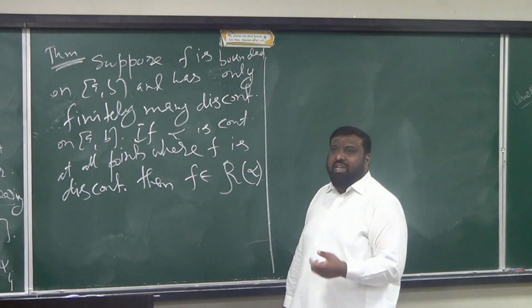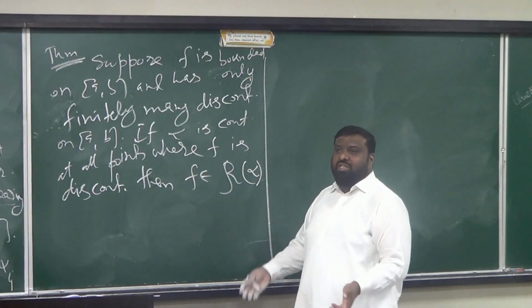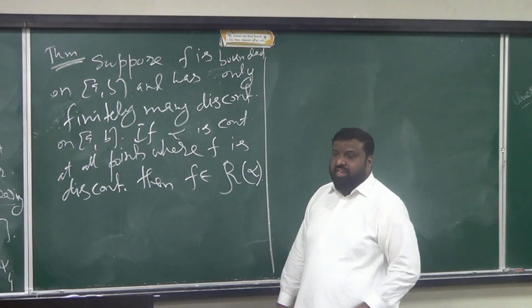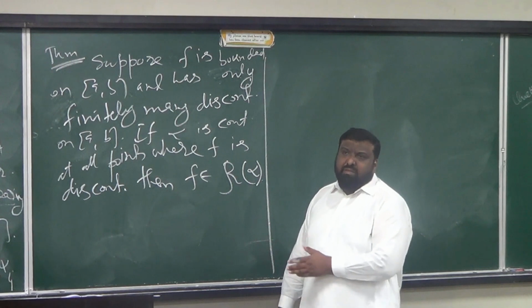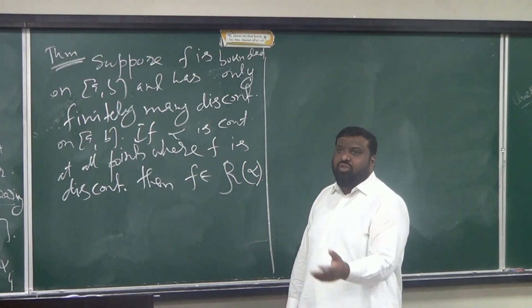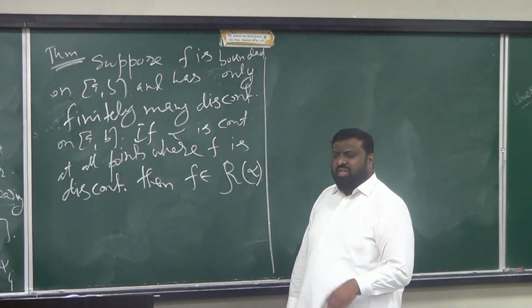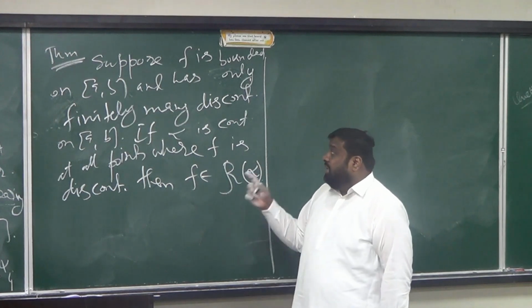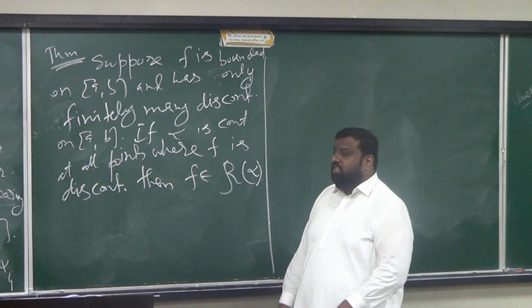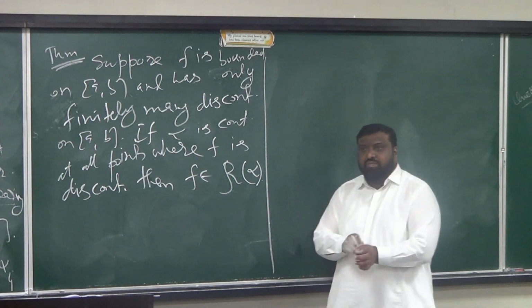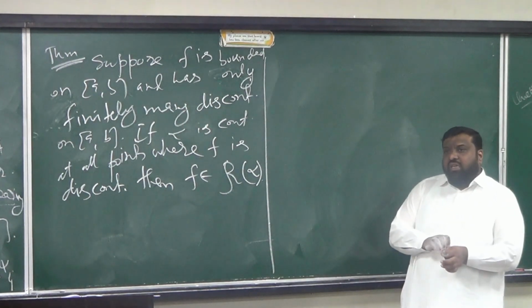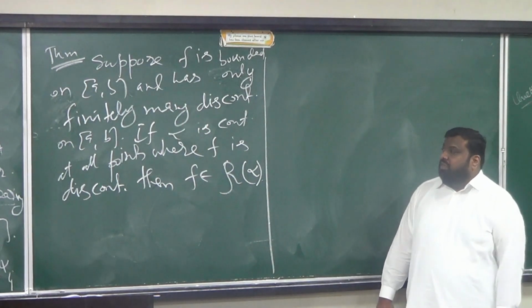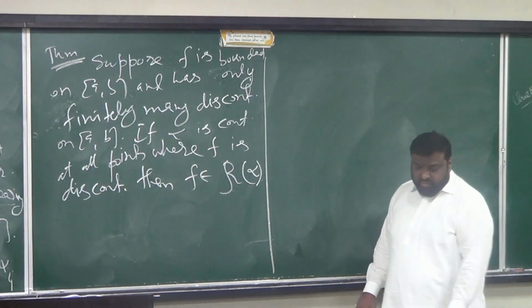It's like f and alpha should not both be discontinuous at the same points. In other words, alpha is monotone, but it's continuous at those points where f is discontinuous. So if this is the case, let's just assume it is bounded.